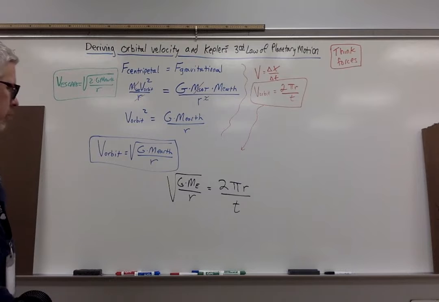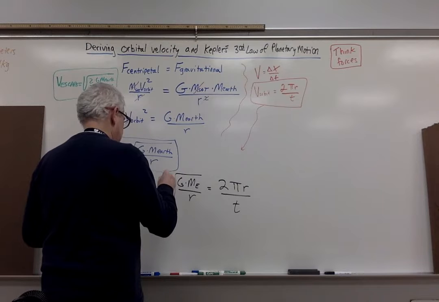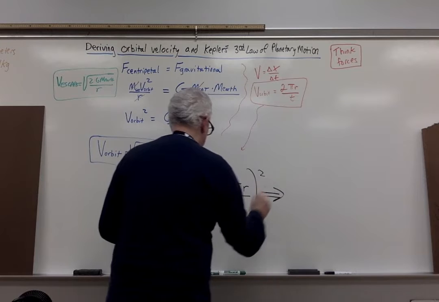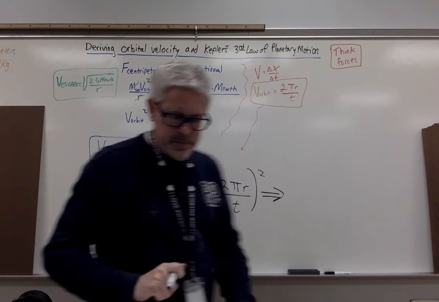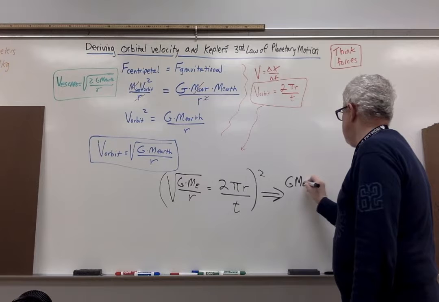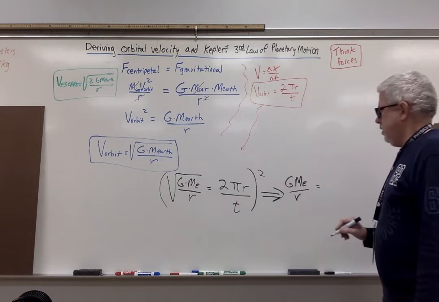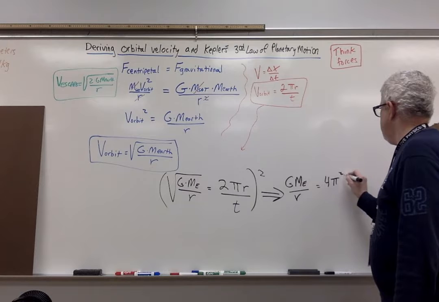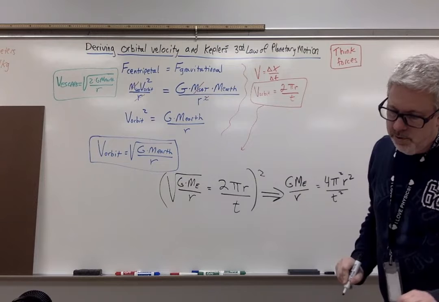I want to get rid of a square root, so I'm going to square everything. Everything on the left is going to come out of that square root sign. So that's going to be G, mass of the Earth, over R. Square everything on the right side. So that's going to be 4 pi squared R squared over T squared.